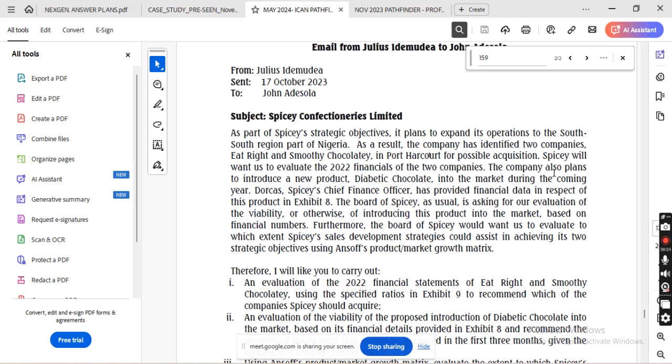Now, the company also plans to introduce new products, diabetic chocolate, into the market during the coming year. Spicy's Chief Finance Officer has provided financial data in respect of this product in Exhibit 8. The board, they are just talking about what they want to do.